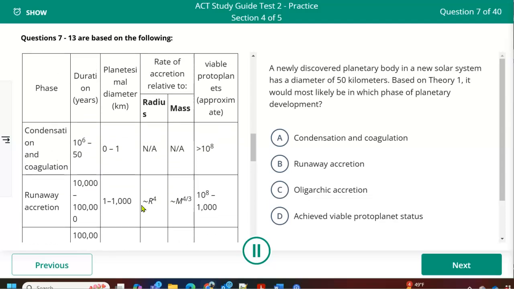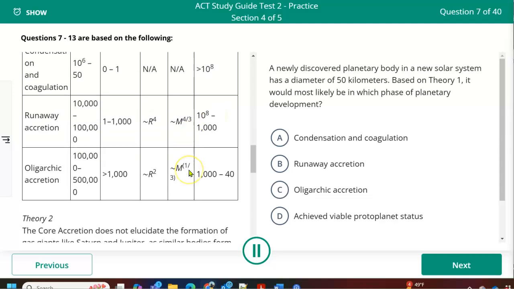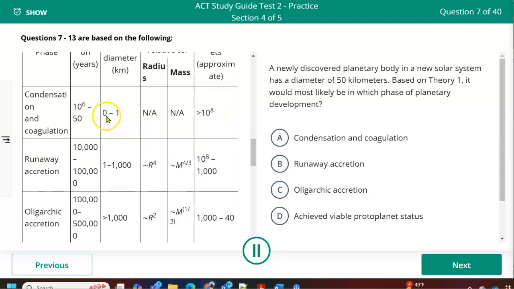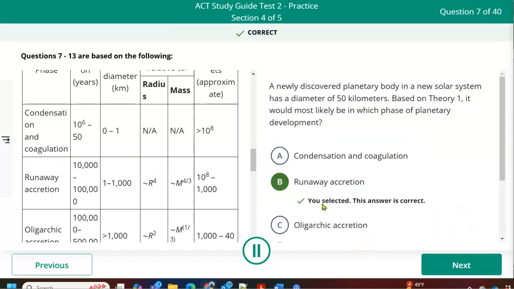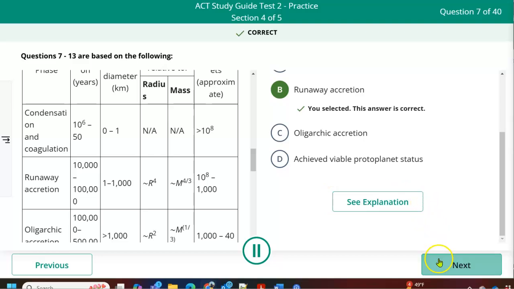Okay, good. That's right here. What phase is it in? Well, if you're down at 0 to 1, you're in the condensation phase. If you're between 1 and 1,000, which 50 is, you are in the runaway accretion phase. All right, let's go with that. Good.